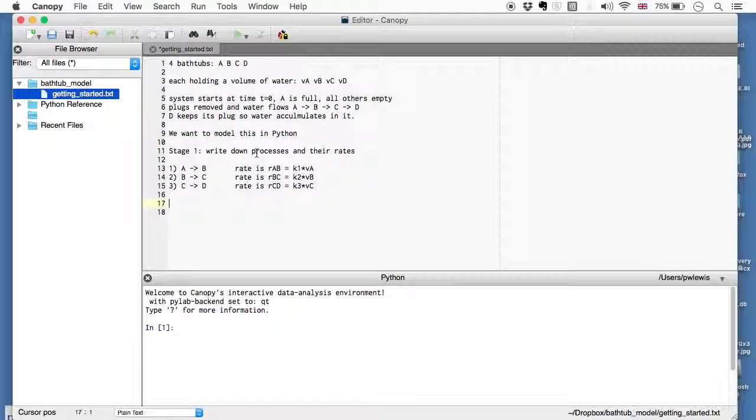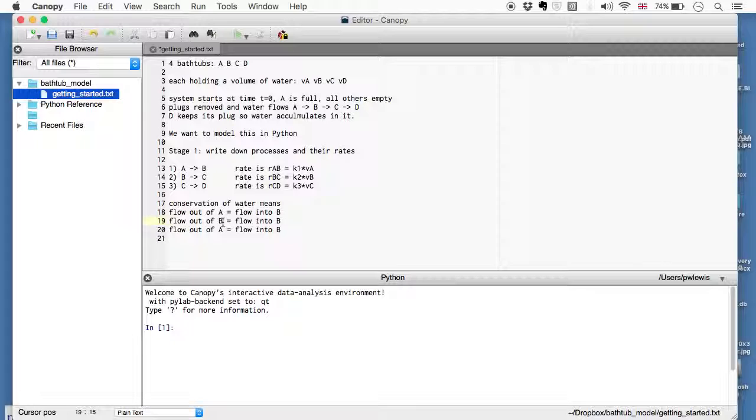And so the next thing is to note that conservation of water means flow out of A equals flow into B, and the same for the other tubs.